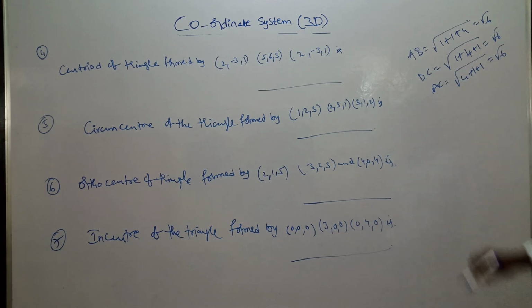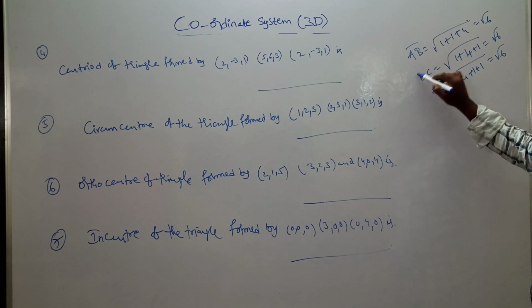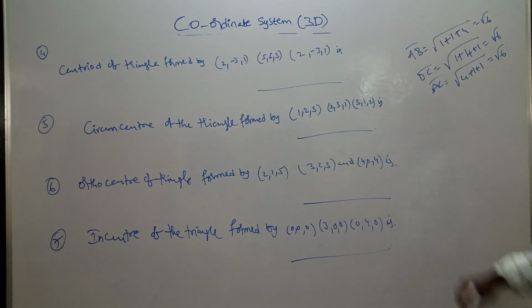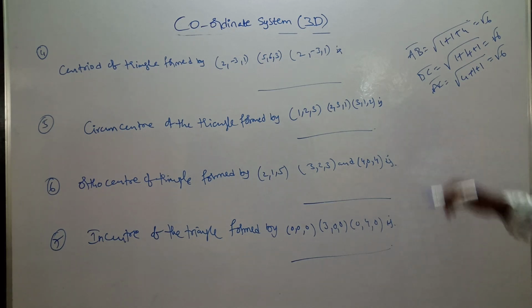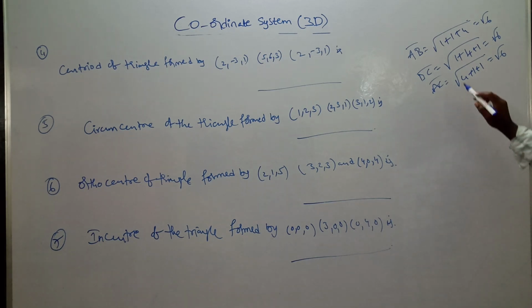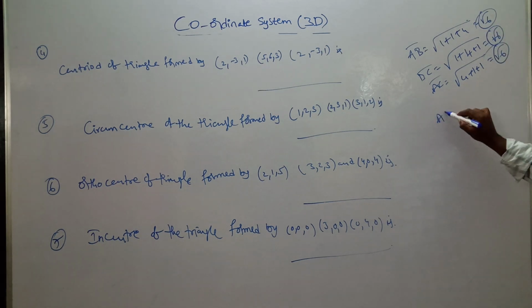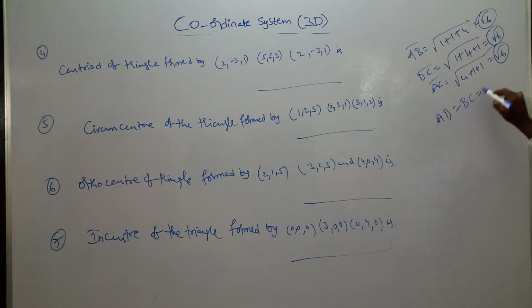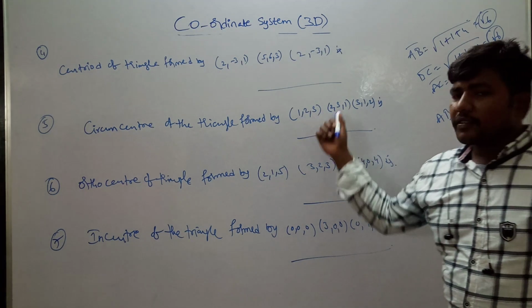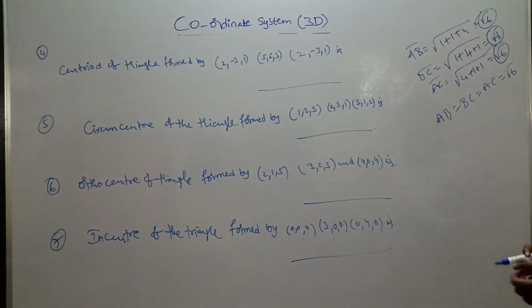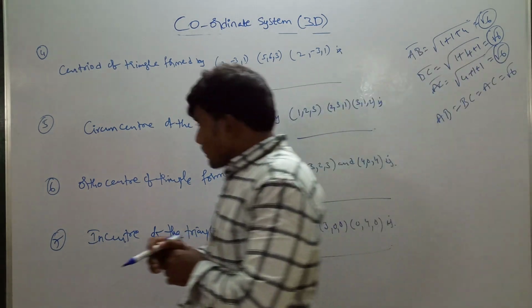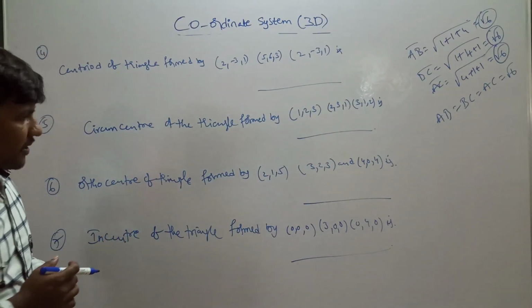So the distance between the 3 points AB and BC and AC, the length of the 3 sides is equal to root 6. AB equal to BC equal to AC. So the three vertices form an equilateral triangle. In an equilateral triangle, we know that centroid equal to circumcenter.